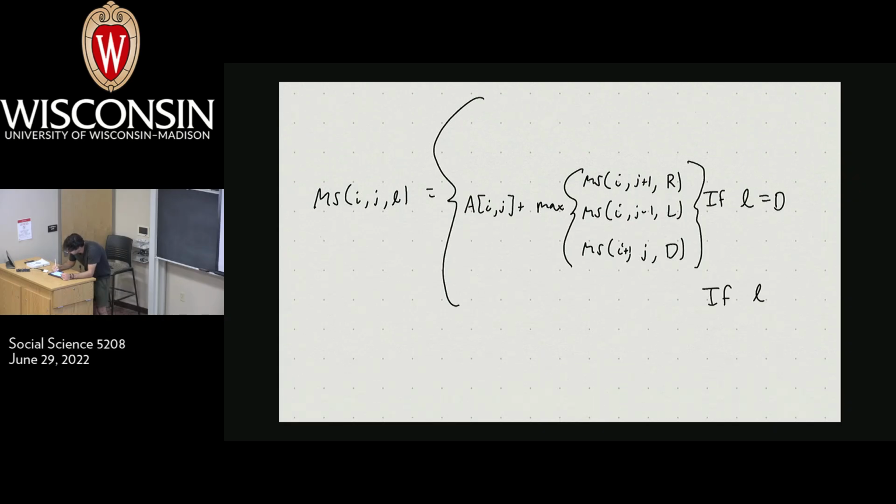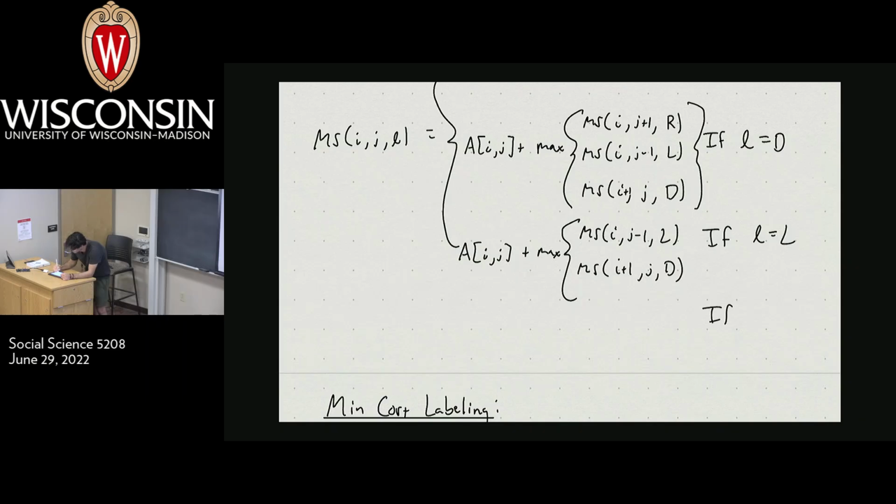Similarly, if we had L equals left, we'd have aij plus the max of ms i j minus 1 left move, or ms i plus 1 j down move.